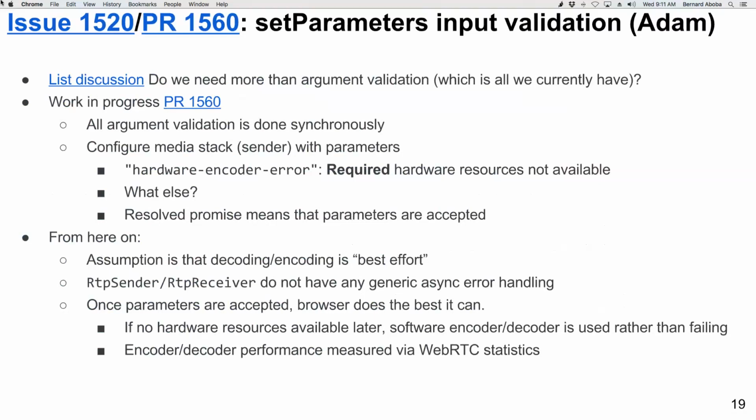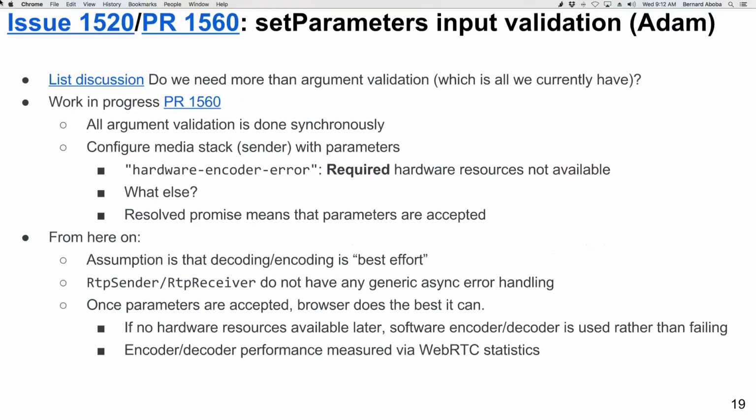Yeah. I guess the main purpose of having this slide in here is just to check that the model that we're using still makes sense. Because we just had the discussion about it relating to other issues, the idea is you'll check set parameters and maybe check resources or whatever. You'll figure out that there was an error, but the model we're using is that there's not some error that's going to happen like 10 minutes from now, right? Because right now the sender and receiver have no generic async error handling.